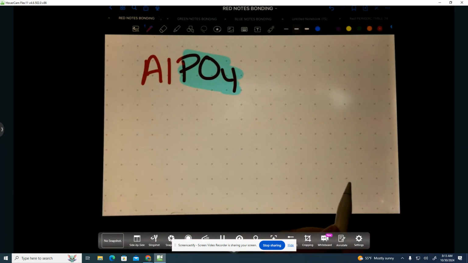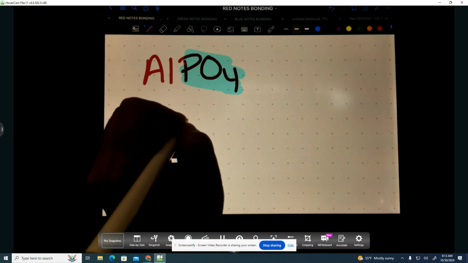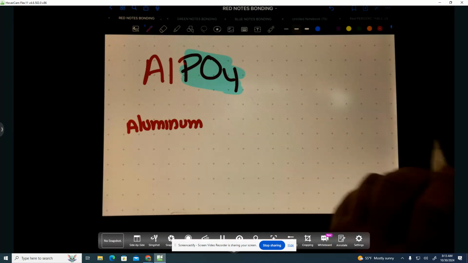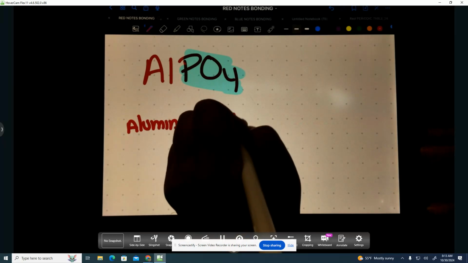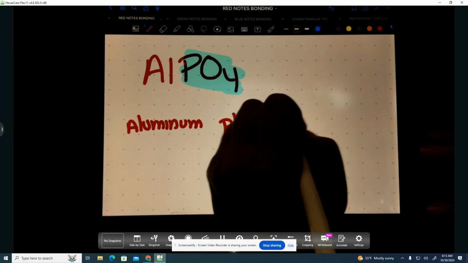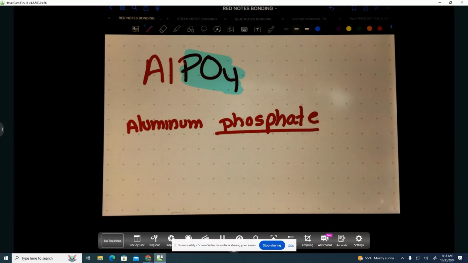Aluminum. And then the PO4 doesn't become phosphide because we're no longer dealing with a binary. We're going to name it according to what its name is, phosphate. And you get that from table E because the PO4 is called a phosphate. So this is aluminum phosphate.